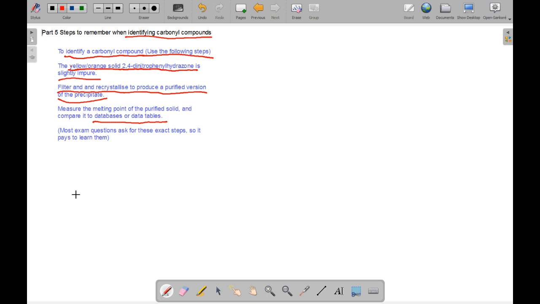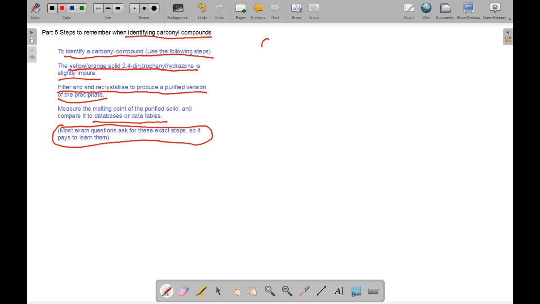In the textbook there are some data tables to help you with compounds like heptan-2-one and cyclohexanone, but most exam questions ask for the exact steps, and they will give you tables if you need to compare the boiling points and the melting points of the 2,4-DNP derivatives.